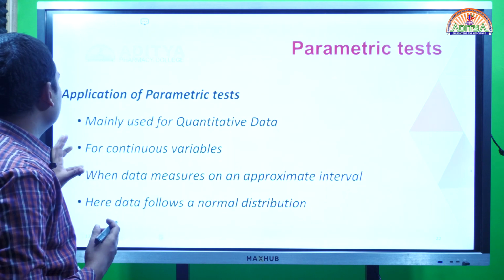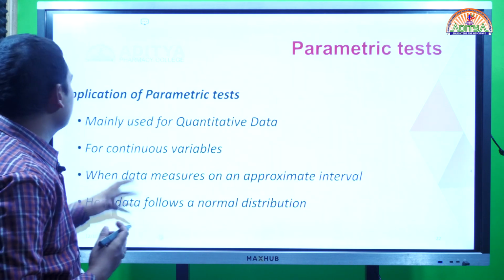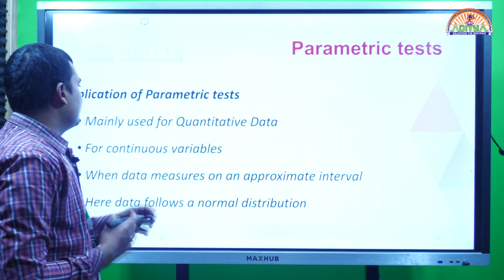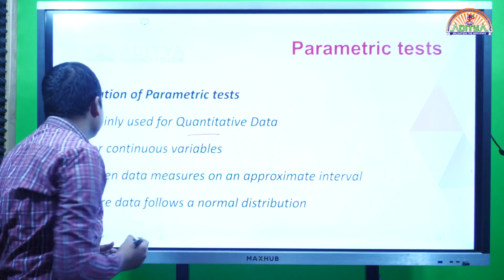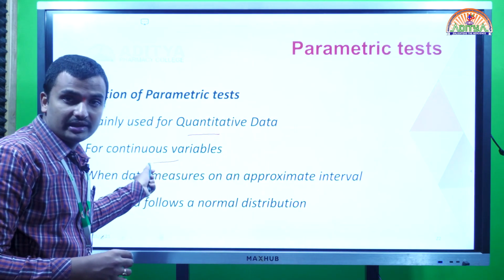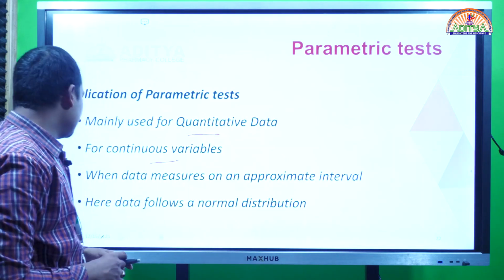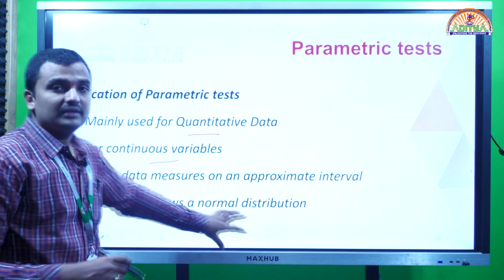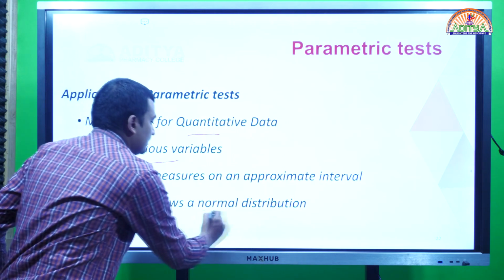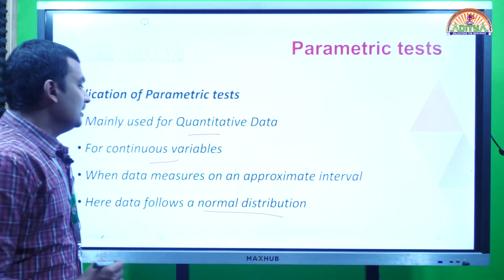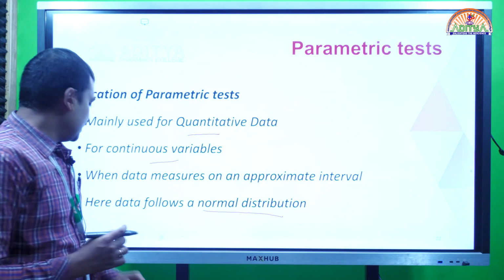We mainly use parametric tests for quantitative data and for continuous variables, when the data measures an approximate interval, and more importantly, the data should be in a normal distribution. Okay.